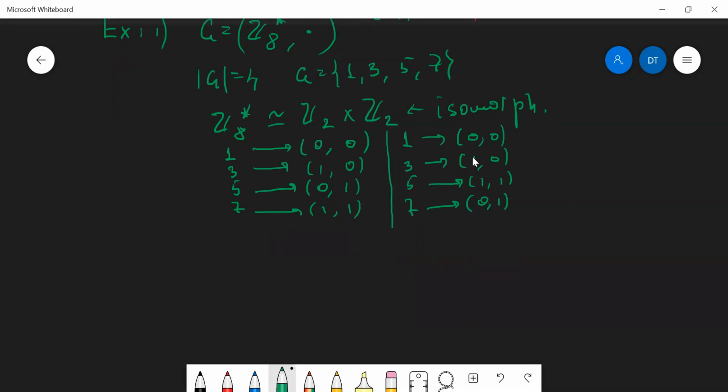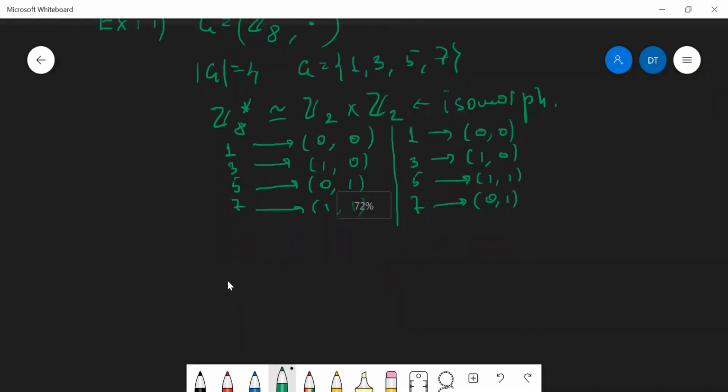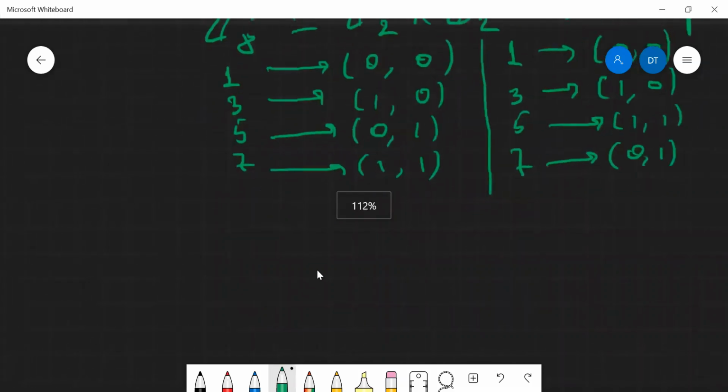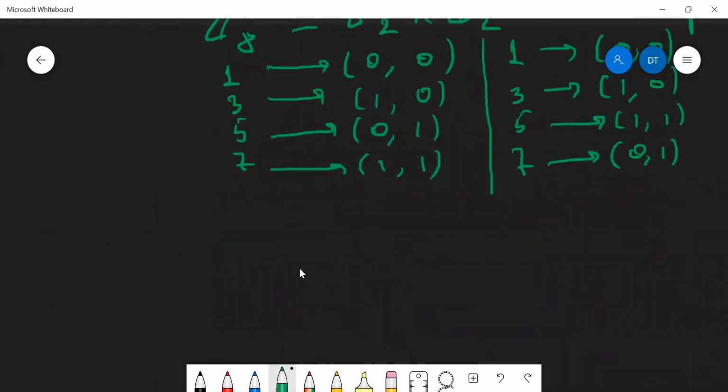For now, I just want you to see the exact mapping between the elements. And now, since you know the map, you can check that it satisfies the definition of a homomorphism. Okay, thank you. Are there any other questions?